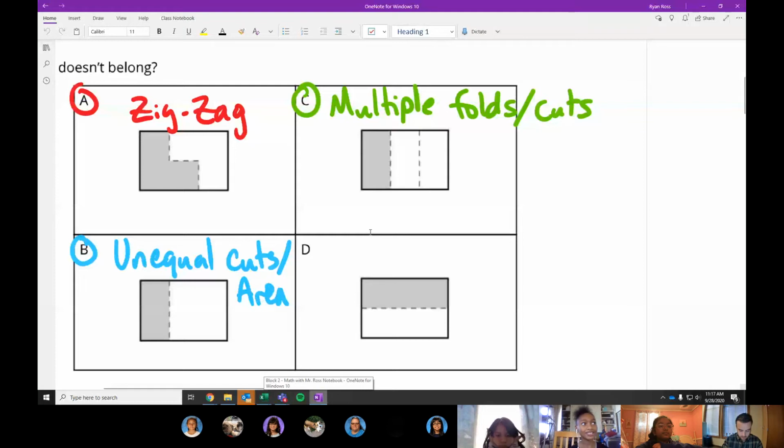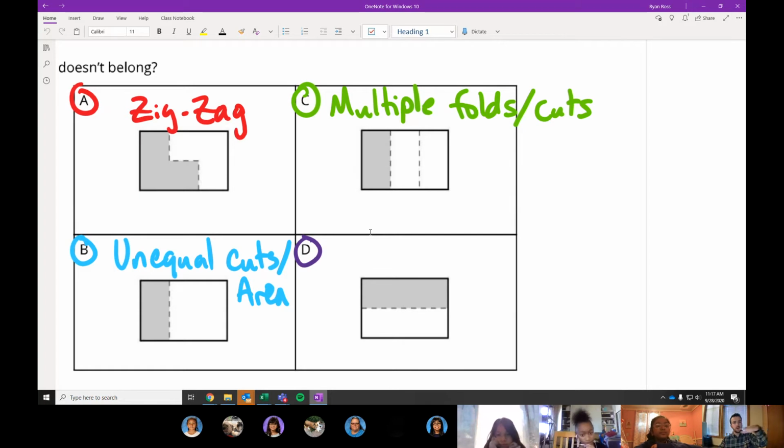And then for D right here, who wants to help me explain why D does not belong? Tania? D doesn't belong because it has a split down in the middle, kind of, and only one of them is shaded.